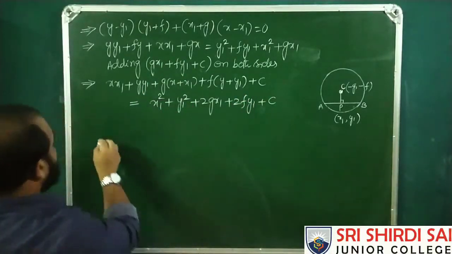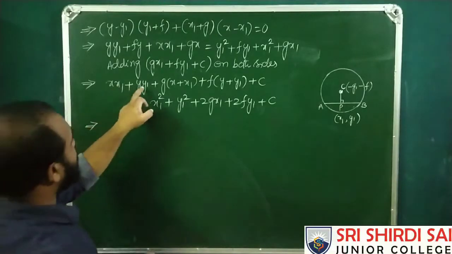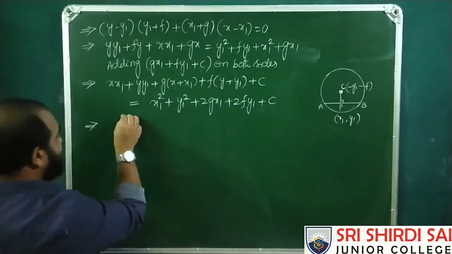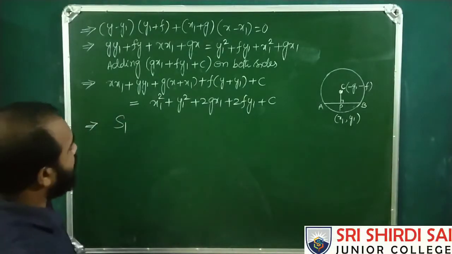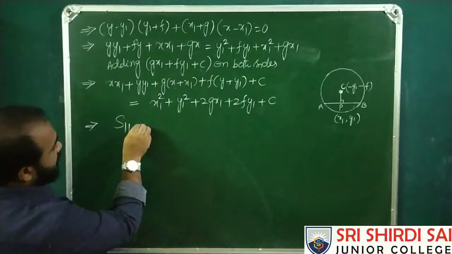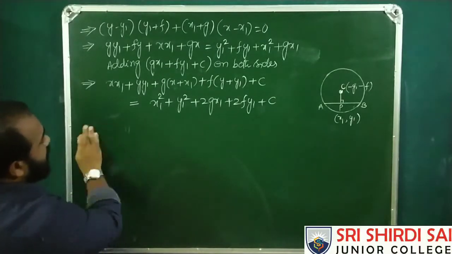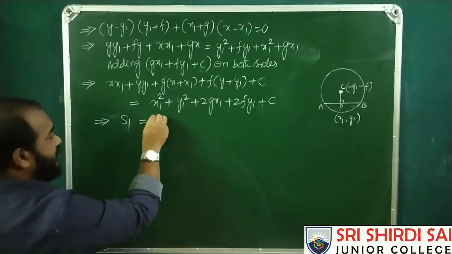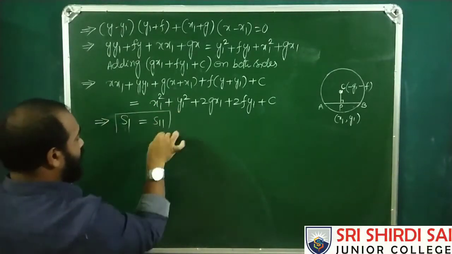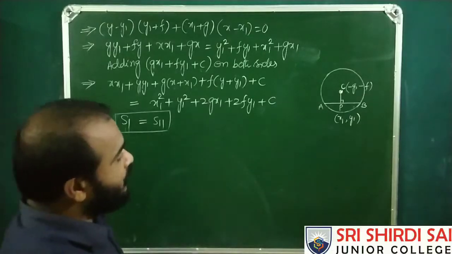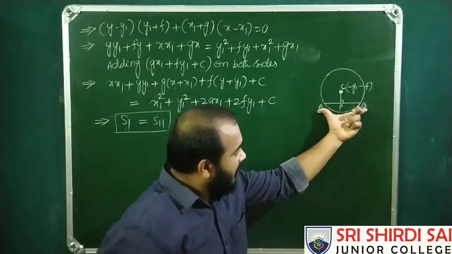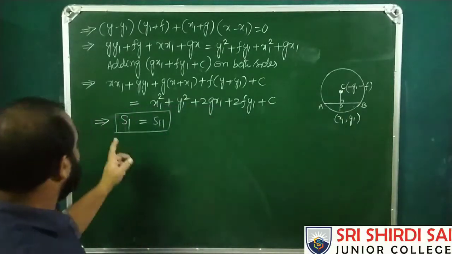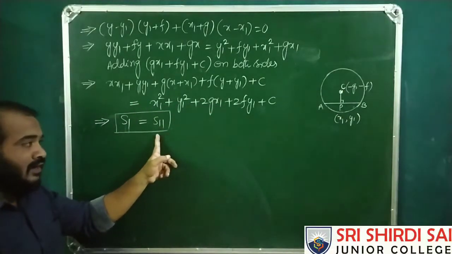So now what is this? xx1 plus yy1 plus g into (x plus x1) plus f into (y plus y1) plus c. This is S1, and the right side is S11. Therefore the equation of the chord with the midpoint P(x1, y1) is given by S1 equals S11.